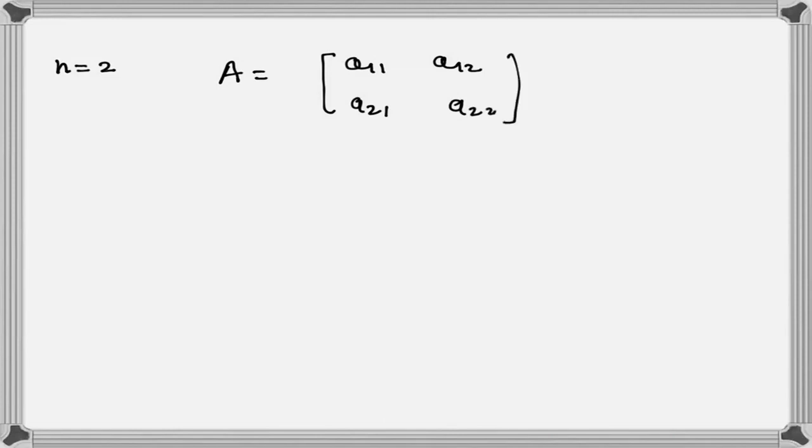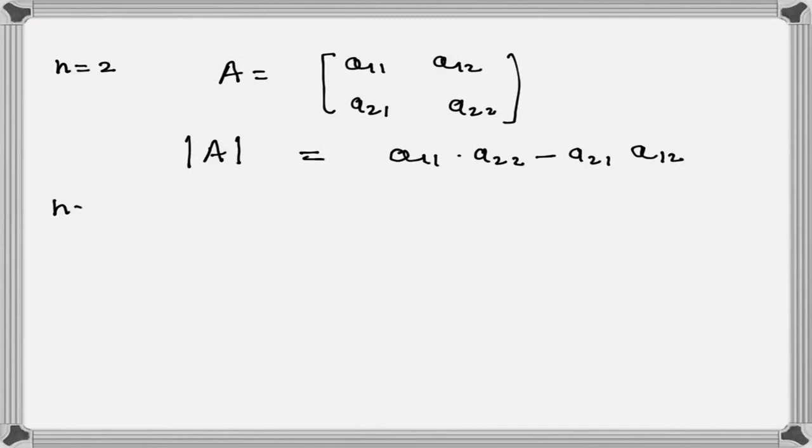So let's define this. Suppose when n is equal to 2, A is represented by a11, a12, a21, a22, then the determinant of A is defined by a11 times a22 minus a21 times a12.